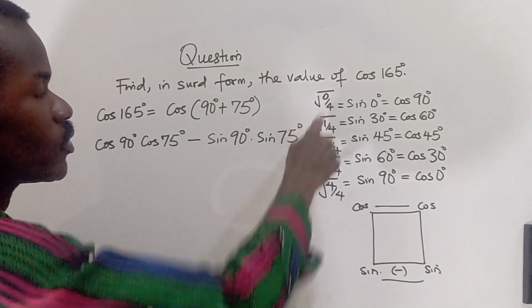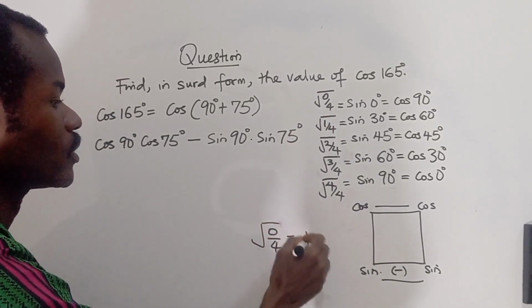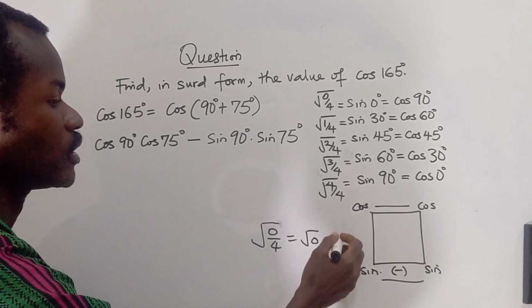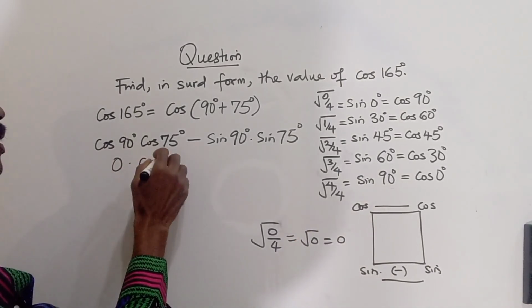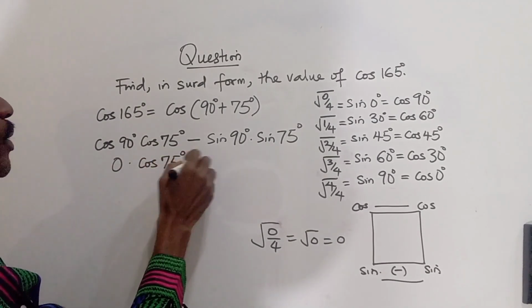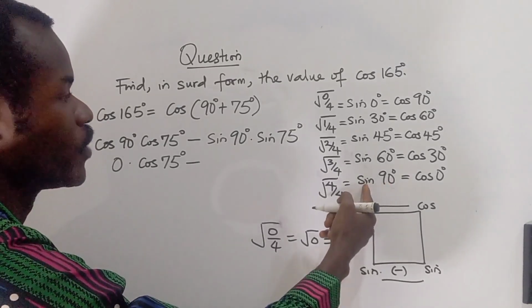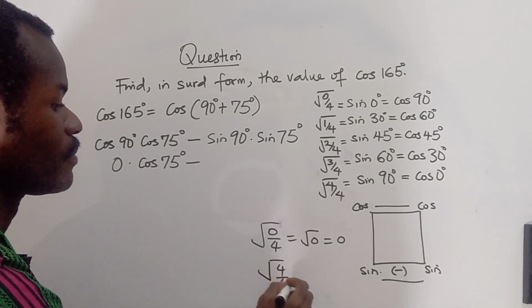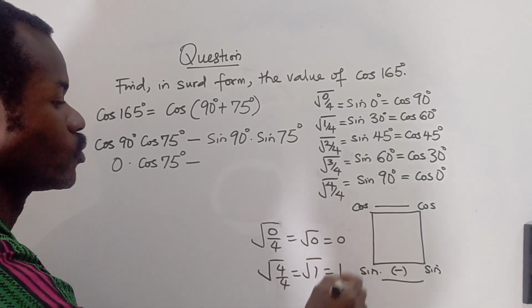So we have the square root of 0 over 4, which is 0. So this is 0 multiplied by cos 75 degree. So minus sine 90 degree. We have sine 90 degree as the square root of 4 divided by 4, which is the square root of 1, which equals 1.